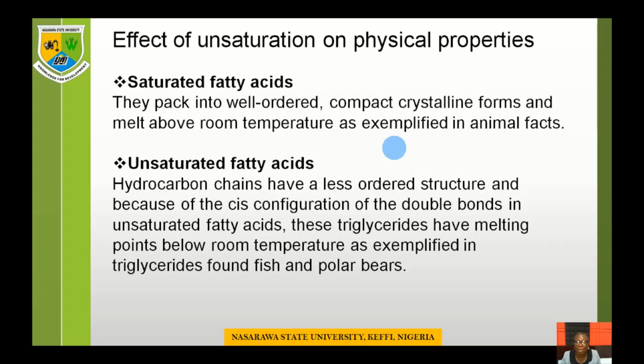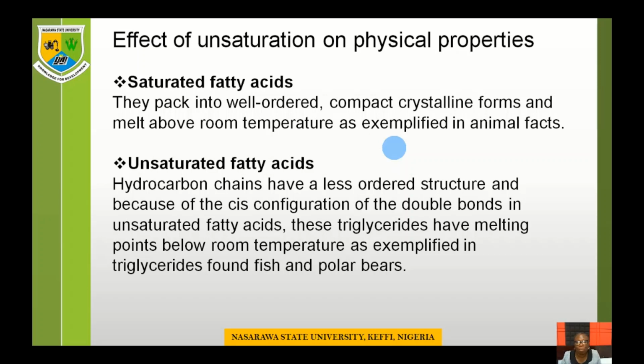So they are not oils at room temperature, they need a higher temperature to melt them. So more unsaturation lowers melting point, saturation increases melting point. Let me say it again: unsaturation lowers melting point, and saturation increases melting point.